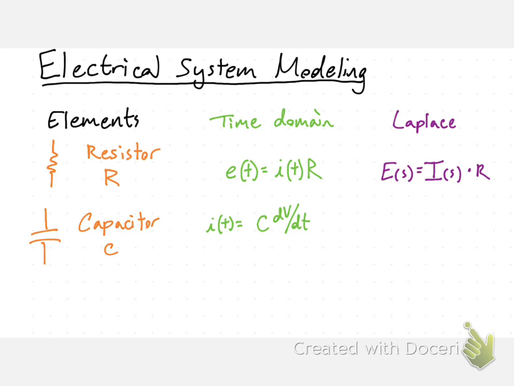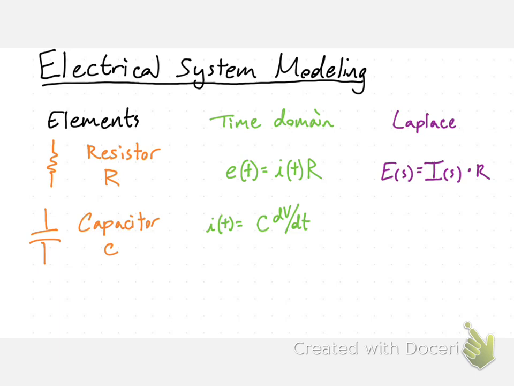Usually in this class and in M&I, I've noticed that we use E of t instead of V of t, I think just to show that we're using voltage as the value as opposed to the unit.